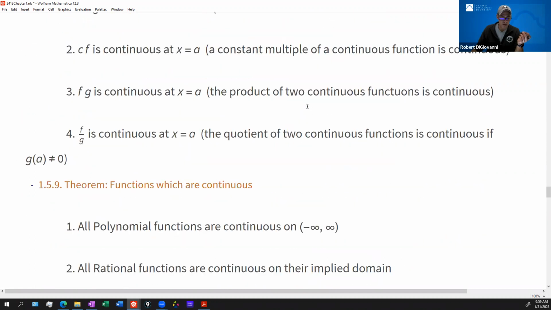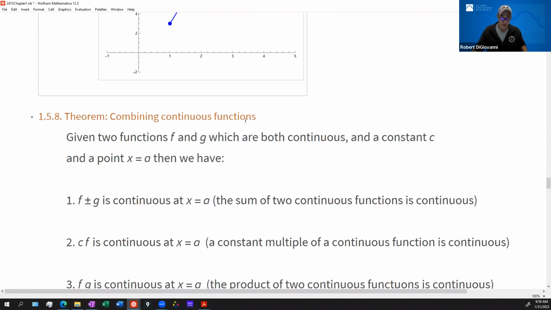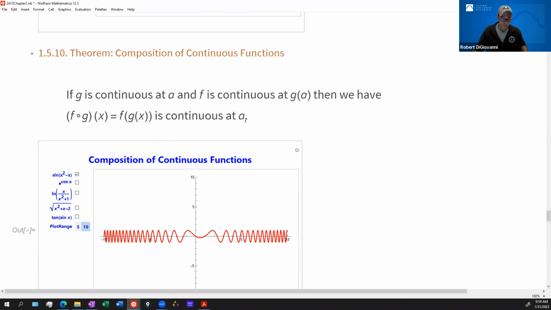I mean you have a function that's defined on an interval. It's continuous at every point in that interval. At the left endpoint, you are right continuous, and on the right endpoint, you are left continuous. That's what we have, a continuous function on a closed interval.